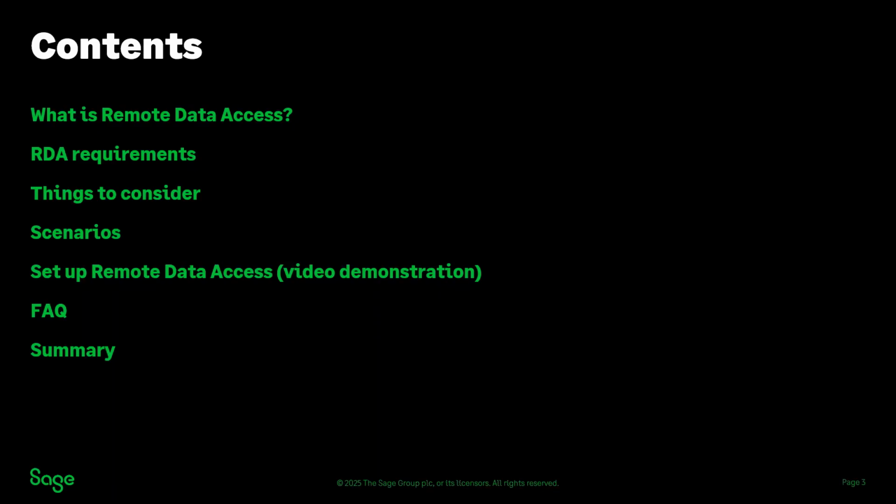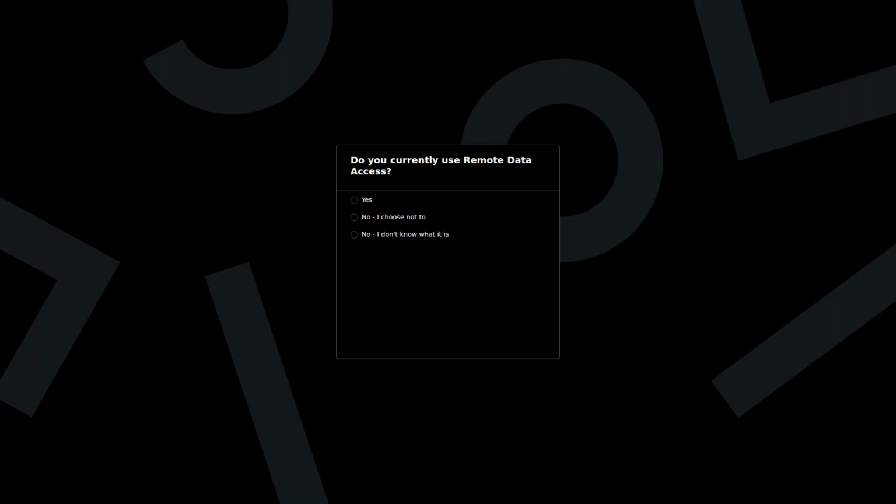Now, I just want to launch a poll on your screen there. I'm just wanting to know, do you currently use remote data access? It's a very simple yes, no, I choose not to, no, I don't know what it is. So you can pop your answer in there for me. What we usually do is we wait till we get around 70–75% and then I'll share the results with you as well.